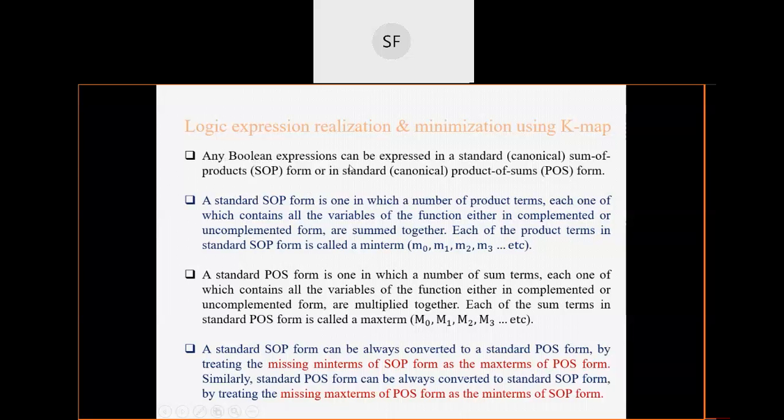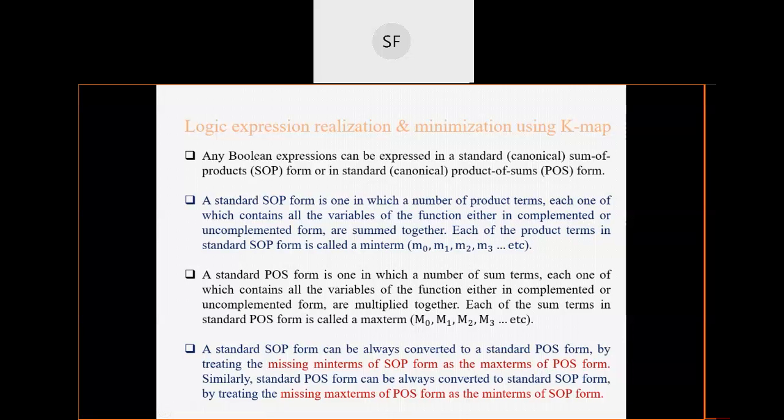So any Boolean expression can be expressed in standard or canonical sum of product, that is SOP form, or in standard product of sum form. We have seen both representations of a Boolean expression.